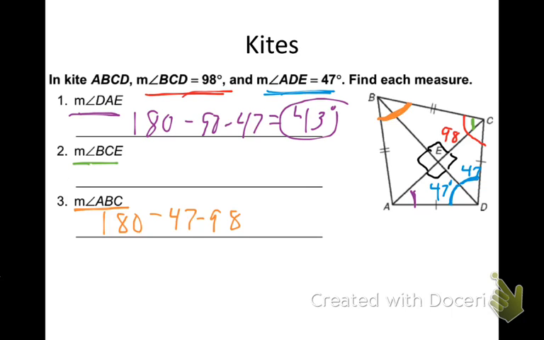And that gets me what then? 35? Right? Is that right? So I get 35. Is that my answer? No, because that just gets me half that angle. How do I find the full angle then? I have to take it times 2, meaning ABC is going to be 70 degrees.